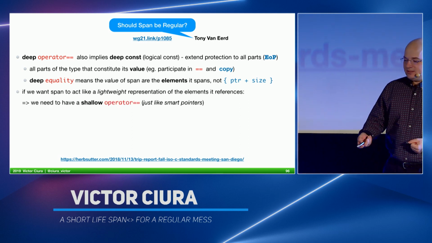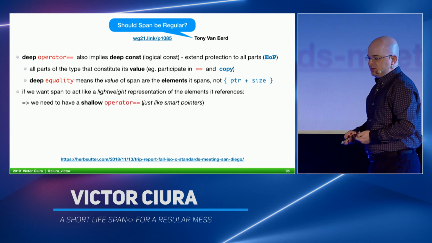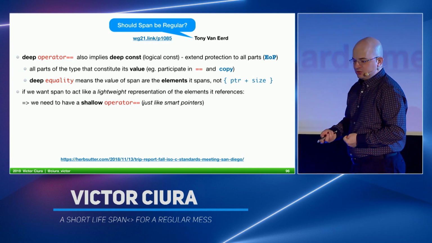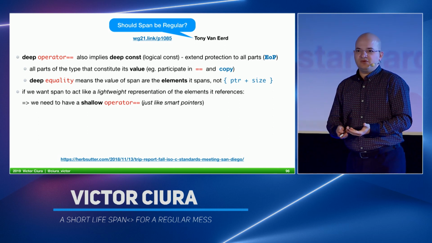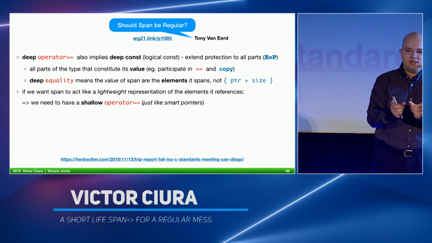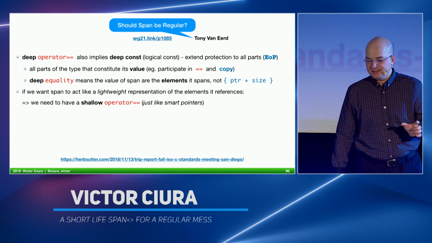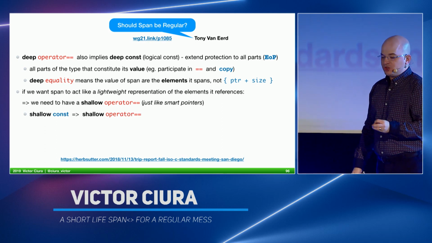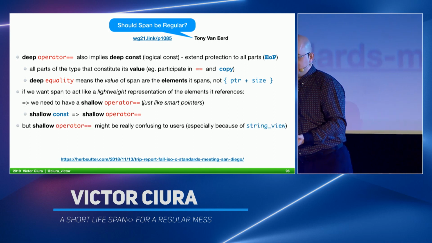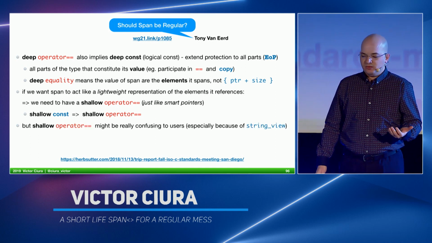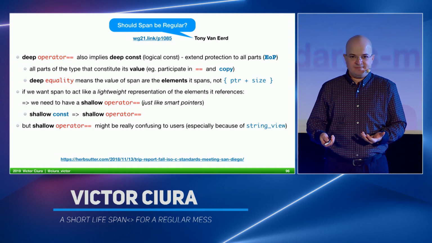So if you want span to act like a lightweight representation of the elements it refers to, we need shallow equality, just like we have for smart pointers when we compare unique pointers or shared pointers, for example. But shallow const implies shallow equality. So shallow equality might be really confusing.